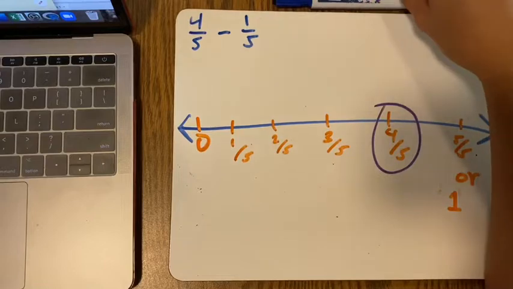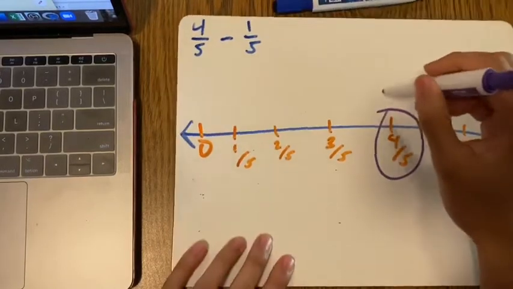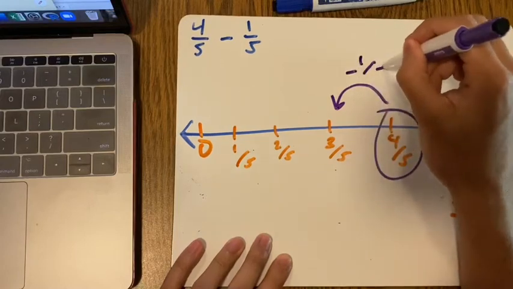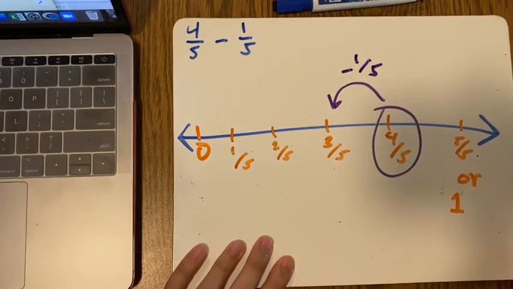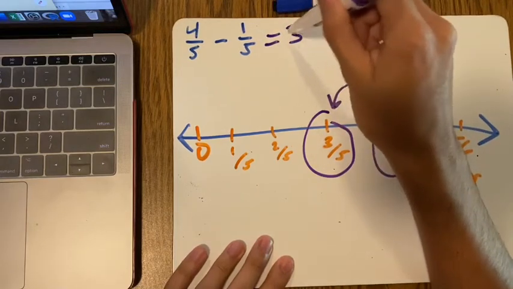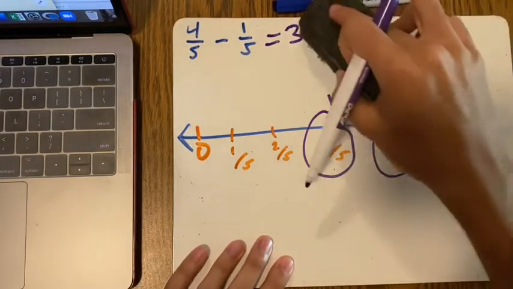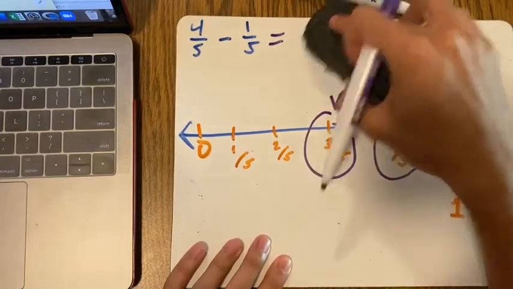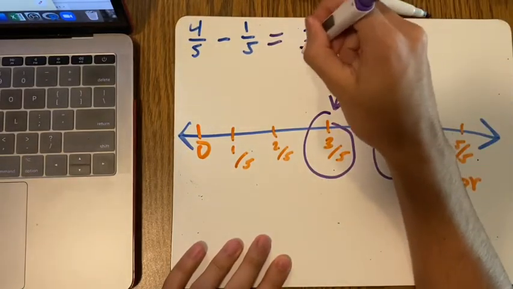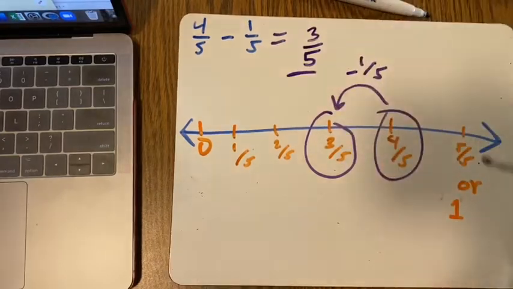Well, and then I'm going backwards by 1. Subtracting 1/5. And that leaves me here at 3/5. So my answer is 3/5. Okay?